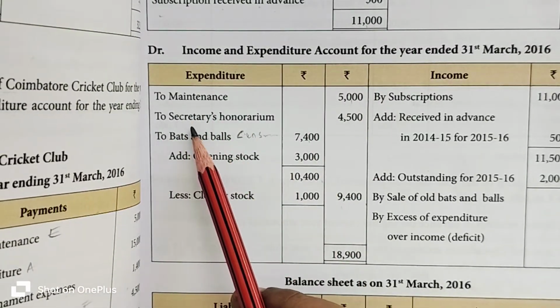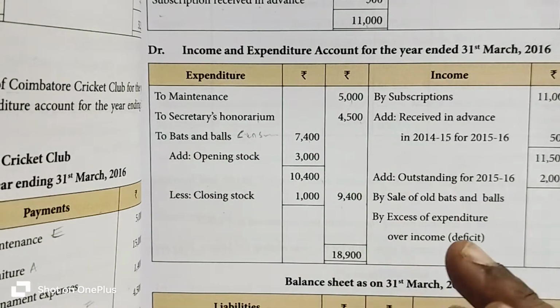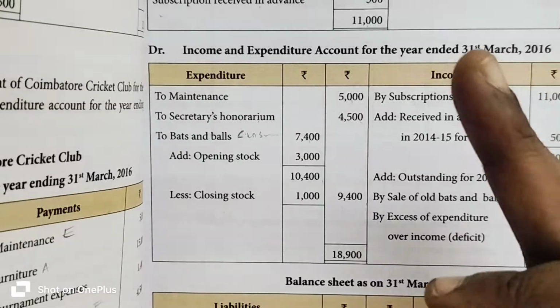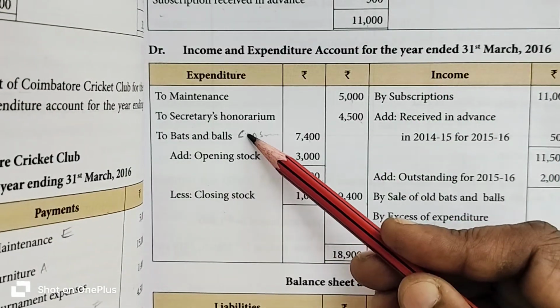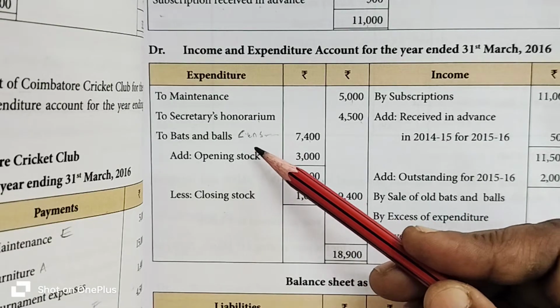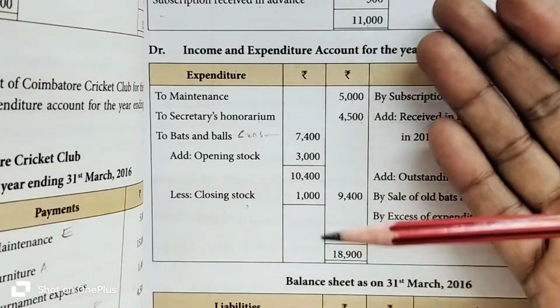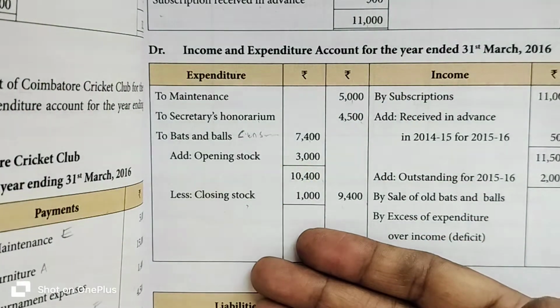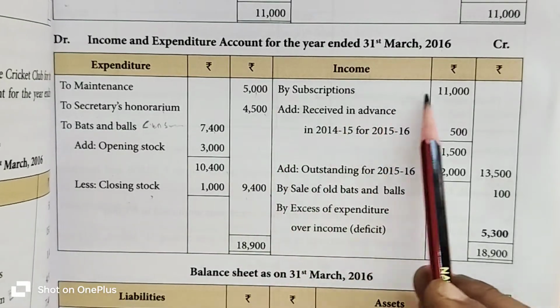Then secretary honorarium 4,500. Listen, on the expenditure side, you always start with the set format. What is that? Purchases of sports items plus opening stock minus closing stock. Then only the other items you have to enter. Okay, on the income side, you have to write 'By subscription' 11,000 rupees.